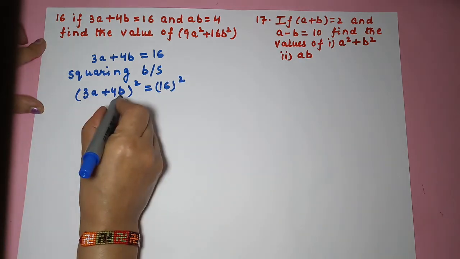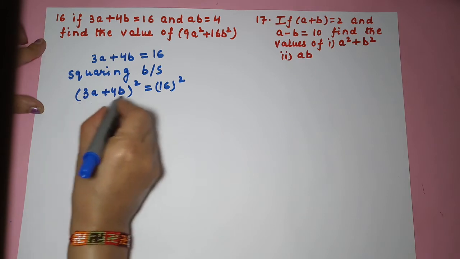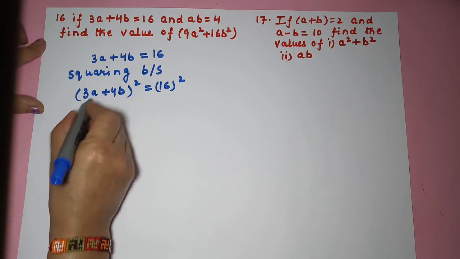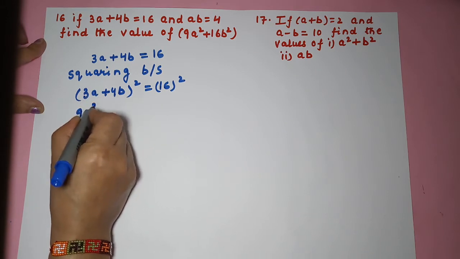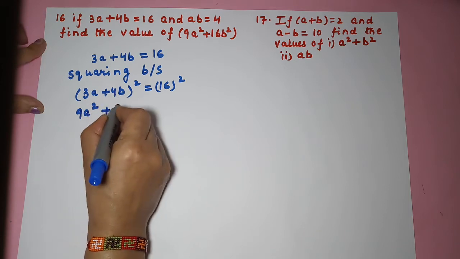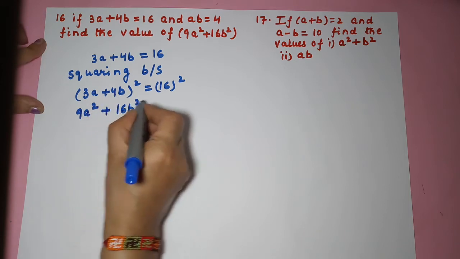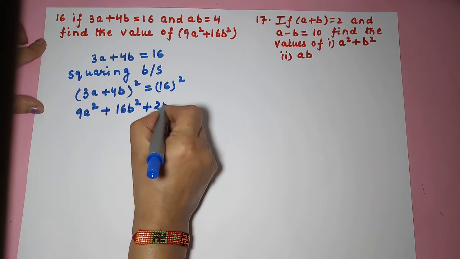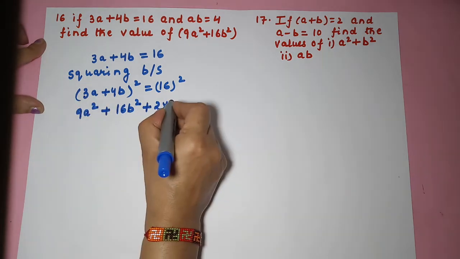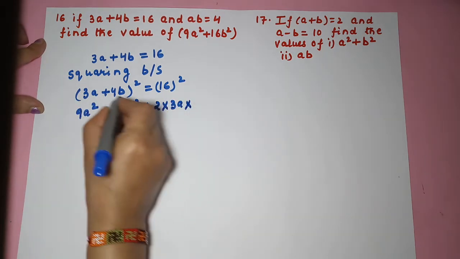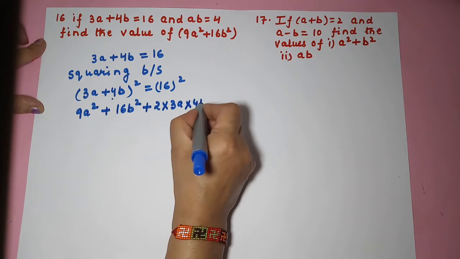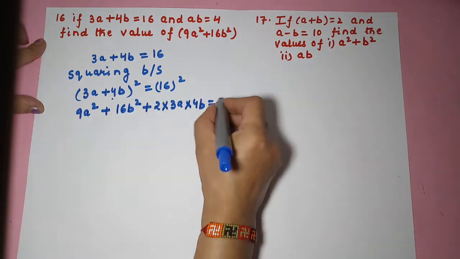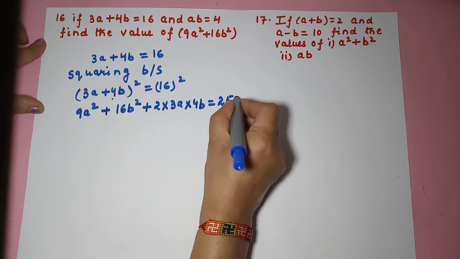Now this becomes a plus b whole square. So if I open this, this will become 9a square plus 16b square, and then plus 2 into a, my a is 3a, into b, b is 4b, equal to square of 16 is 256.